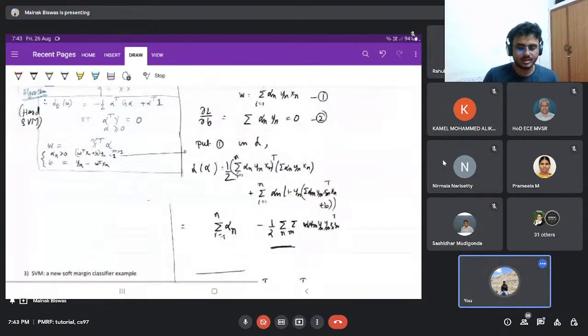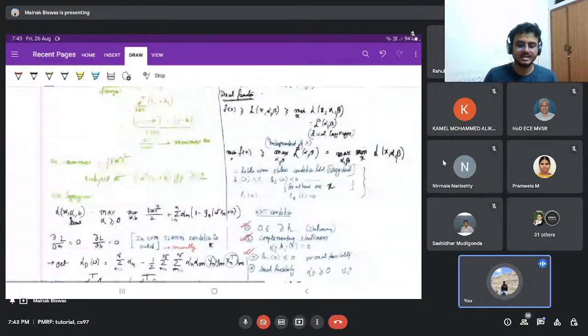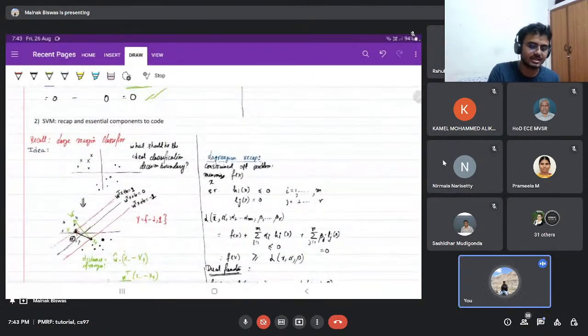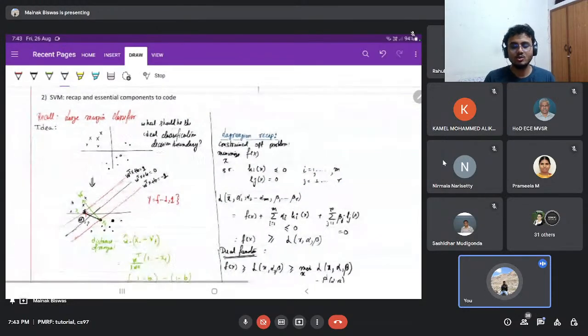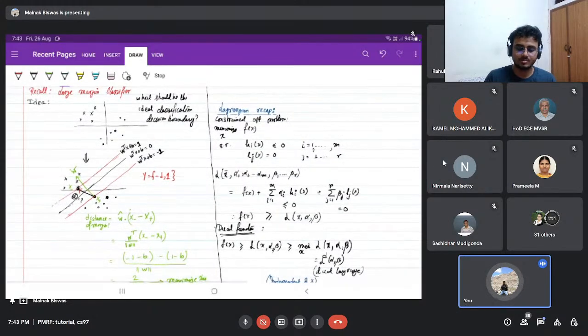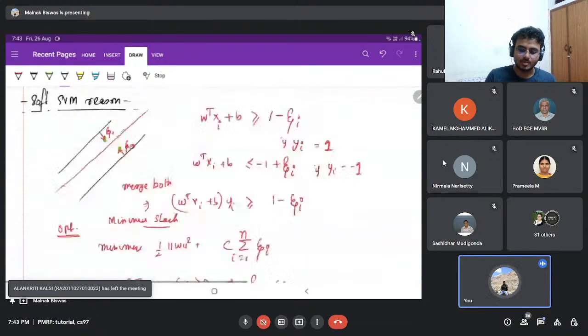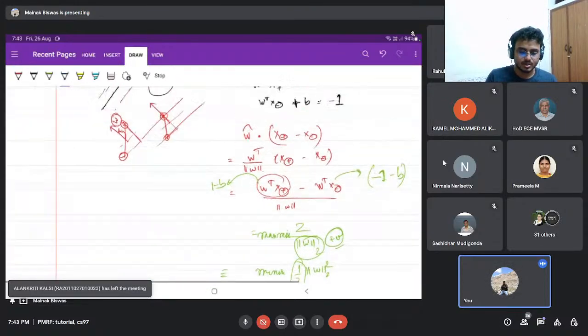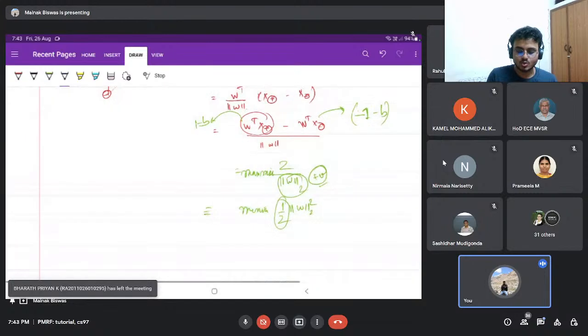Let us introduce the basics of how you derive the Lagrangian in this case. I think this is the only thing that will be new in this tutorial, and it will help you in most of your optimization problems. This is the basic of optimization I'll be covering. What are the constraints here?